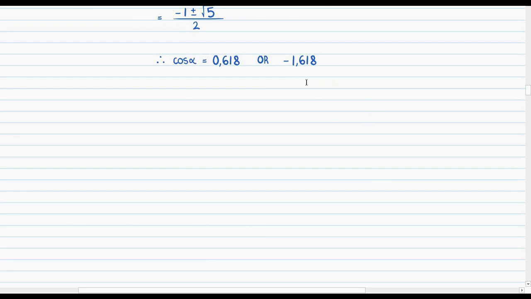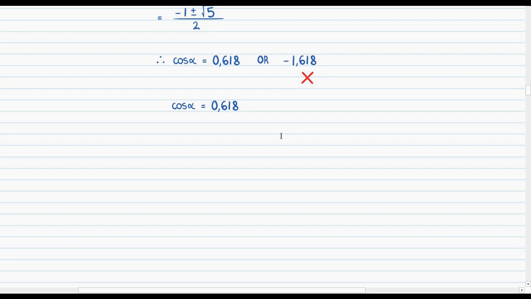And from our knowledge of the cos function, we know that there's no angle for which cos alpha will equal a value less than negative 1, such as negative 1,618. Therefore, this cannot be considered as a solution. So the answer is cos alpha equals 0,618.